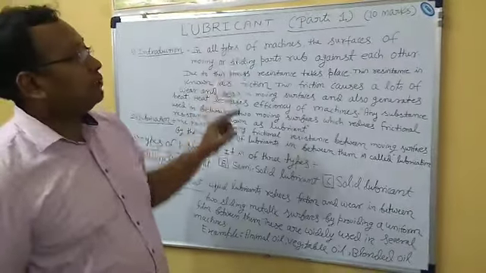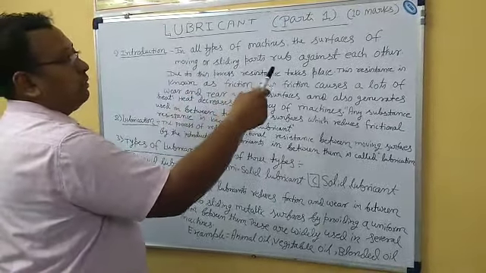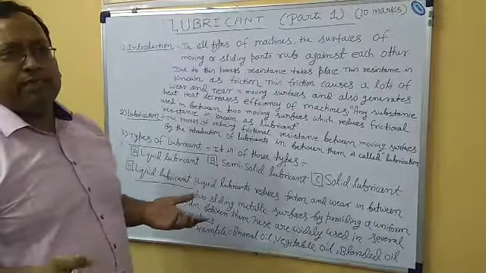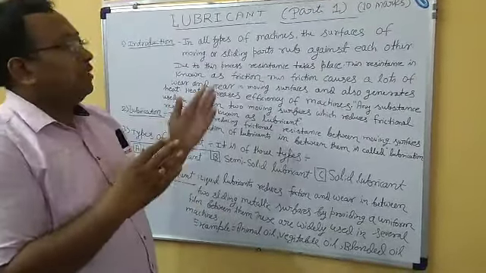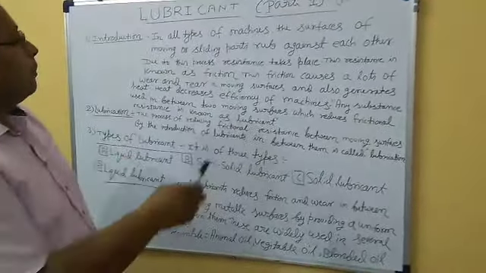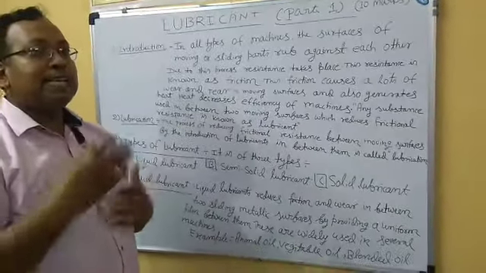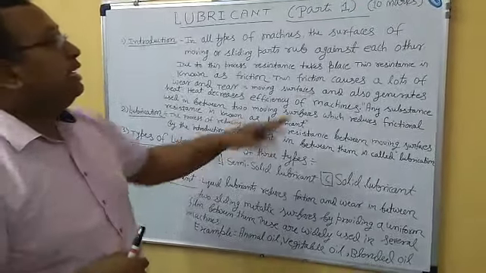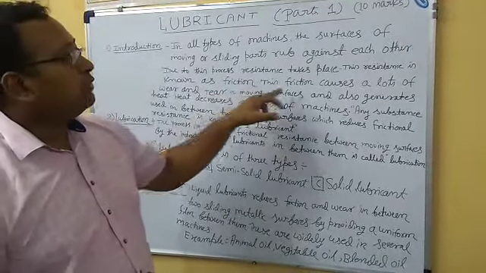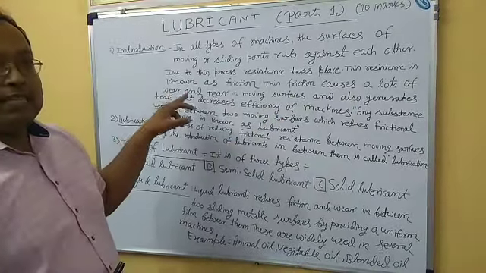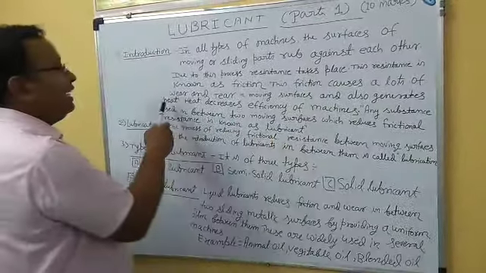In all types of machines, the surfaces of moving or sliding parts rub against each other. We know very well that if anything is moving or sliding on another surface, friction will be generated. Due to this process, resistance takes place. When movement takes place, resistance takes place, and this resistance is known as friction. This friction causes a lot of wear and tear in moving surfaces and also generates heat.